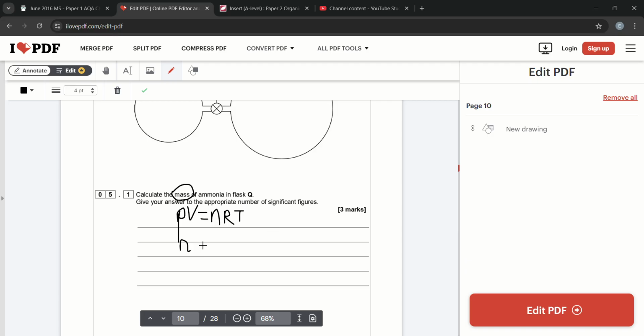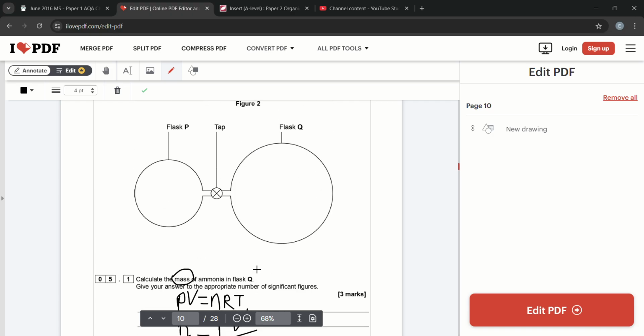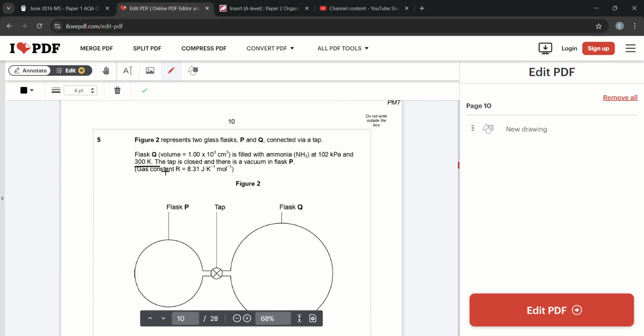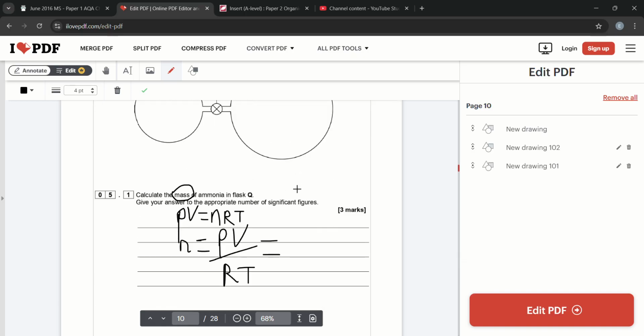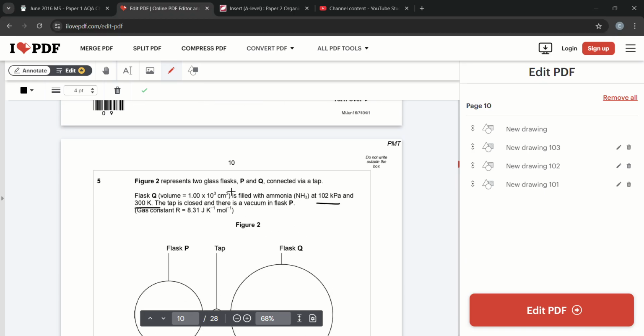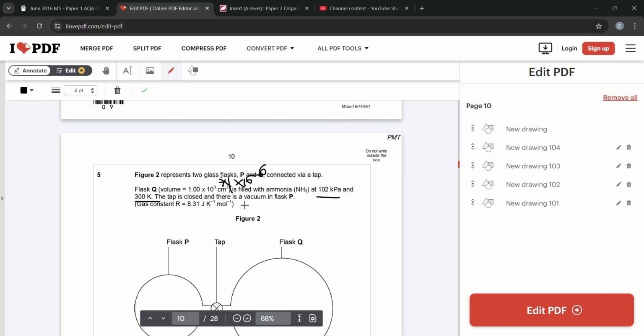So n, the number of moles, is equal to PV divided by RT, which is equal to pressure in pascals, so 102 kilopascals, 102,000 pascals, times by volume. Now volume is in centimeters cubed. We need to divide it by a million, so we need to times by 10 to the power minus 6 to convert it into the correct units.